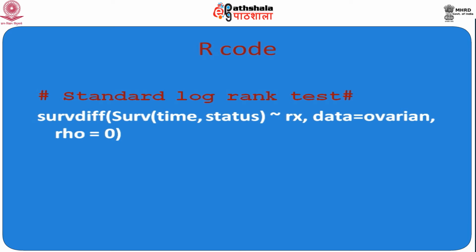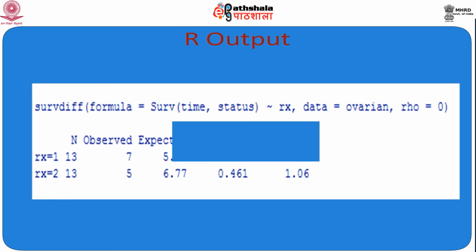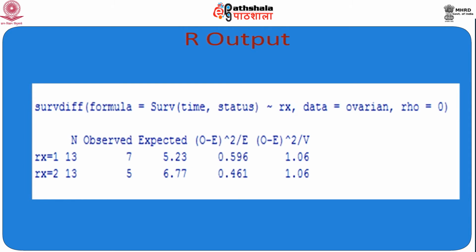Now we will see the result given by survdiff, and here, since both arms have an equal number of patients, that is 13 in each, the observed and expected values are given.